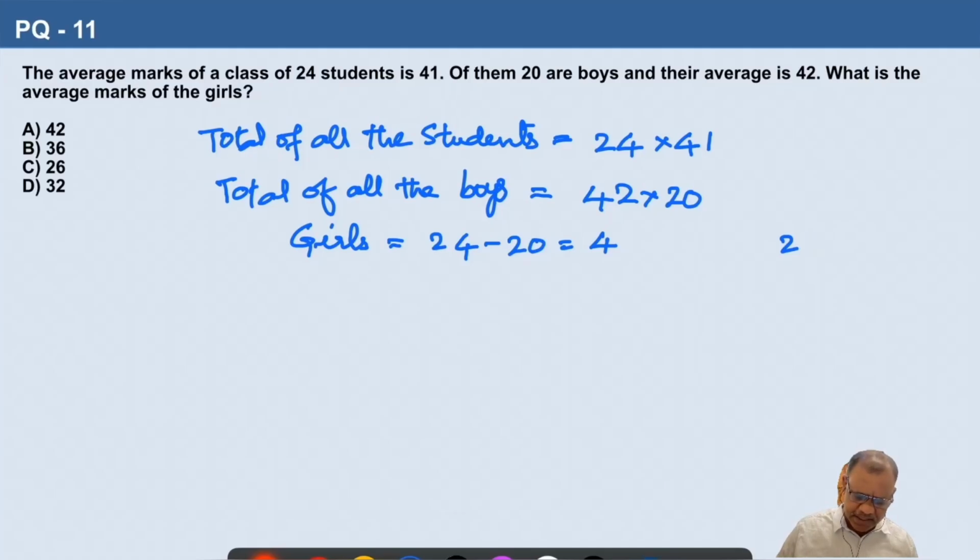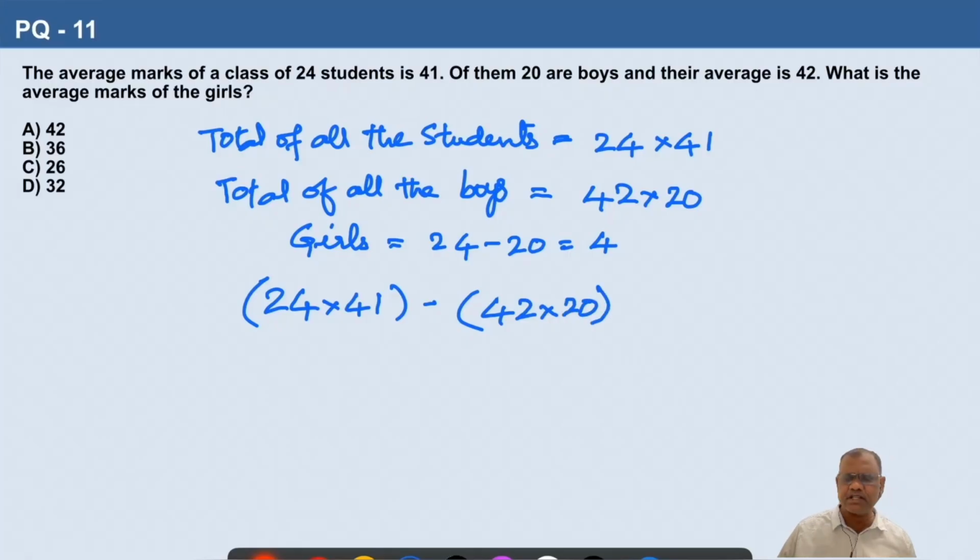The total of all the students, 24 multiplied by 41, minus the total of all the boys, 42 multiplied by 20, gives the total of all the girls.